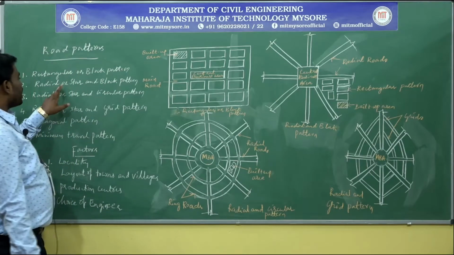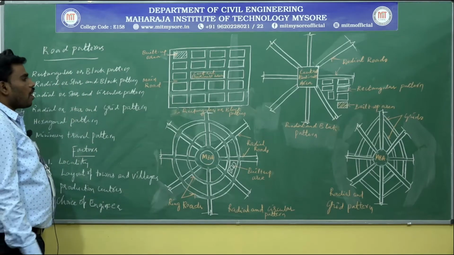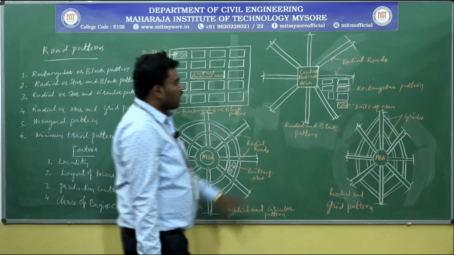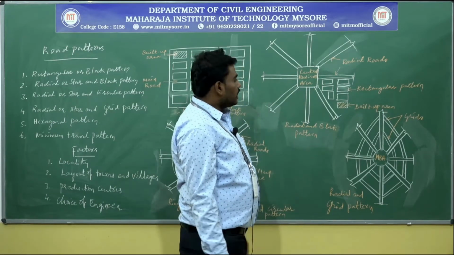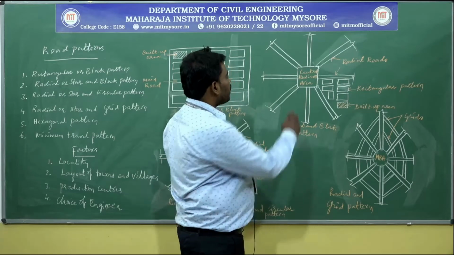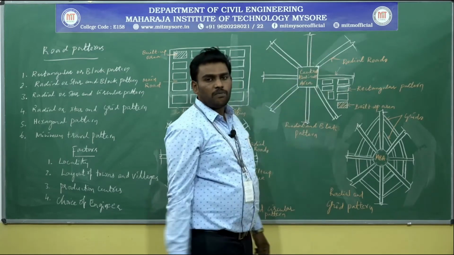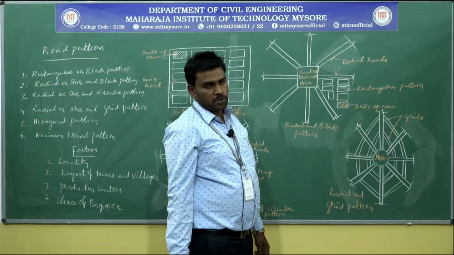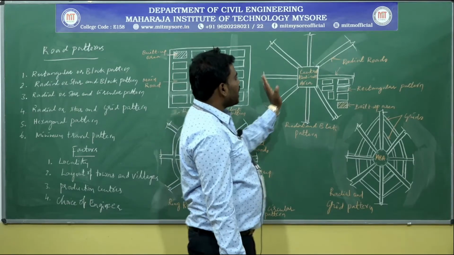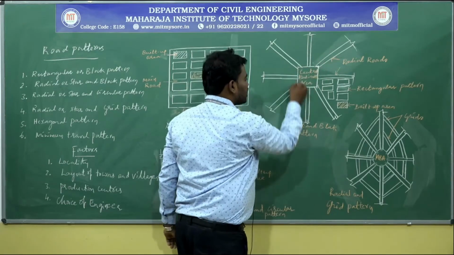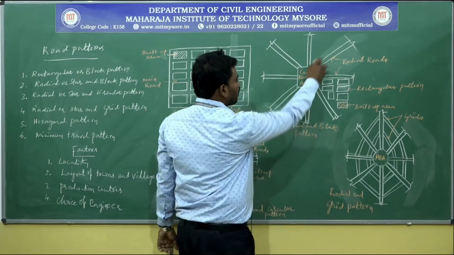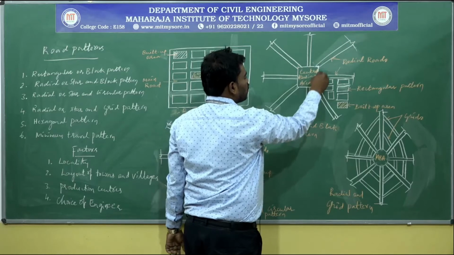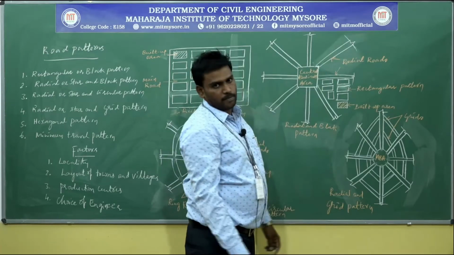Second one, it is radial or star and block pattern. You may observe here, this is the radial and block pattern. In this, the entire area is divided into a network of roads. Those roads radiate outward from the central business area.